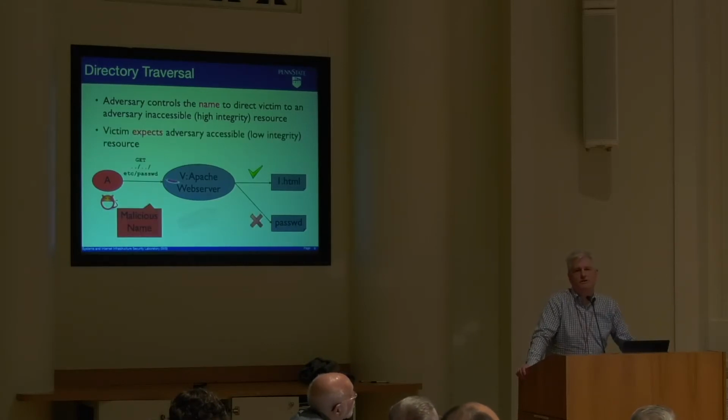But of course there are some other flaws that may allow the adversary to specify input and use it to build file path names that might lead to files that the adversary isn't supposed to have access to, such as, again, our friend the password file here.